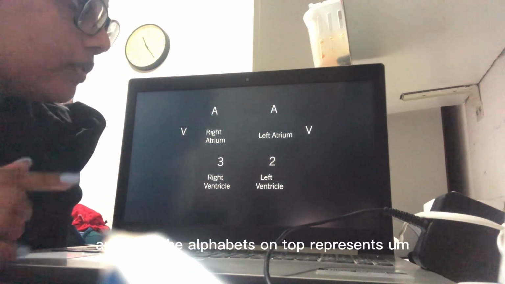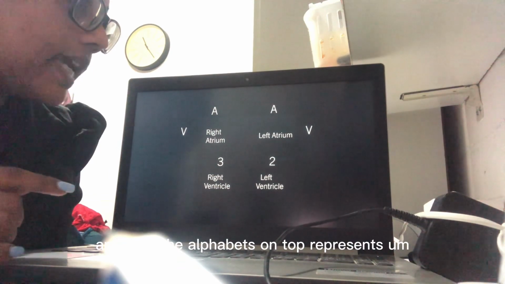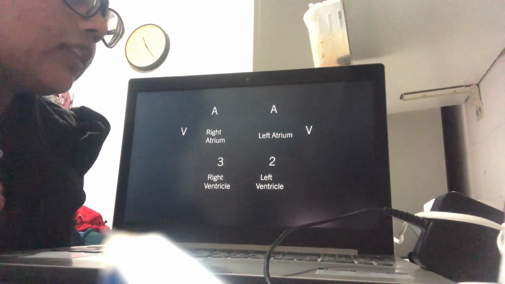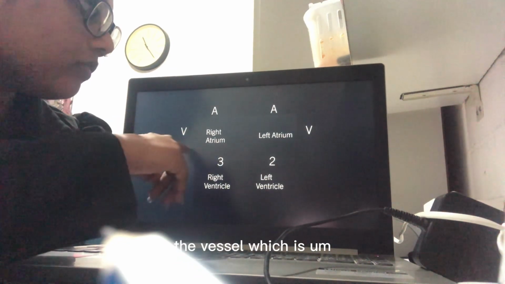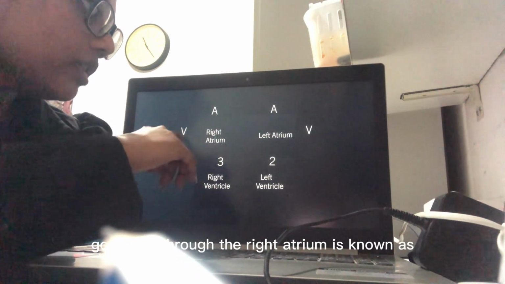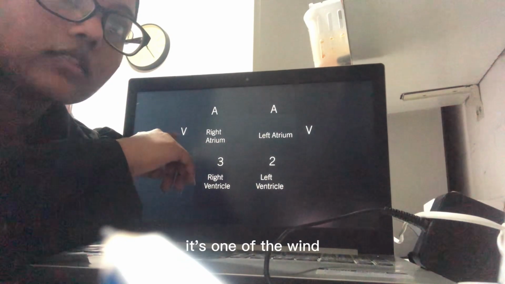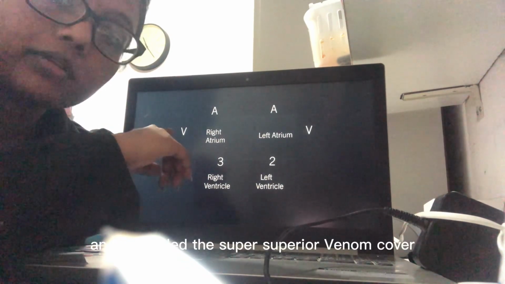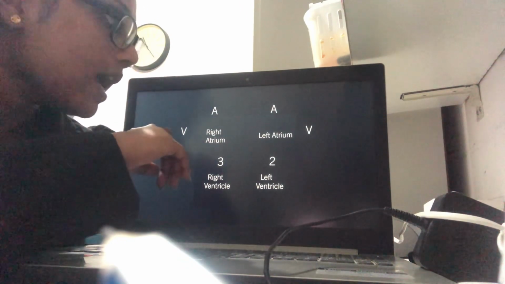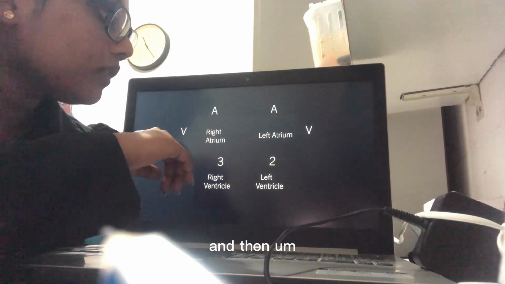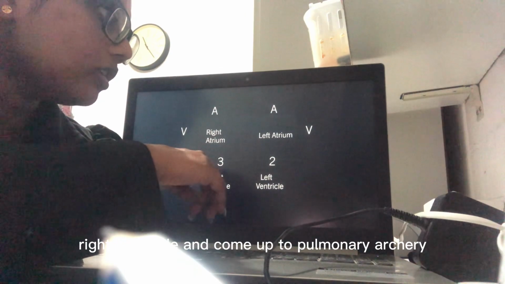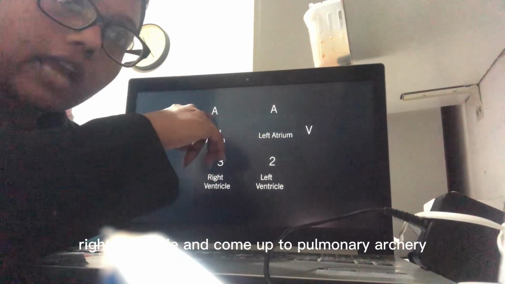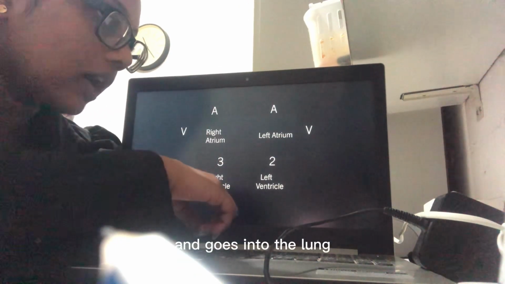And then the alphabets on top represent the vessels. For example, one of the veins which goes into the right atrium is called the superior vena cava. Then the blood flows through the right atrium, right ventricle, and comes up to the pulmonary artery and goes into the lung.